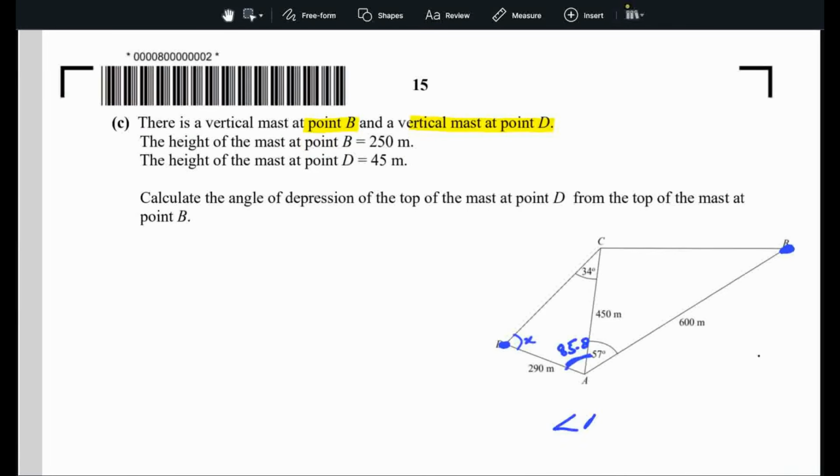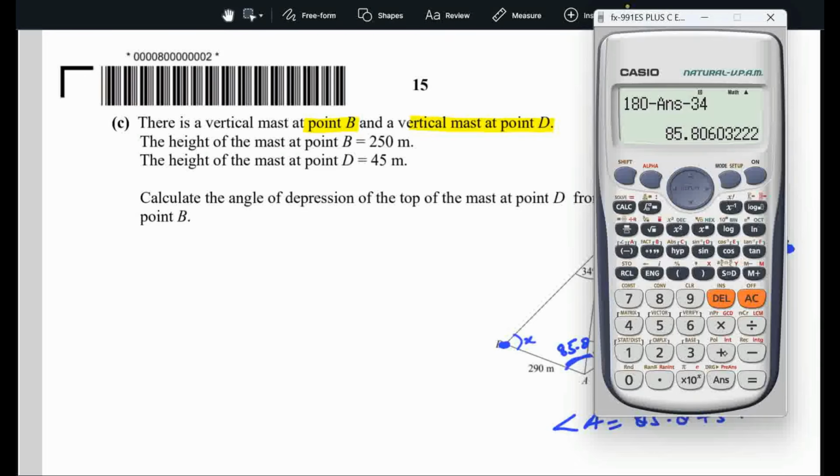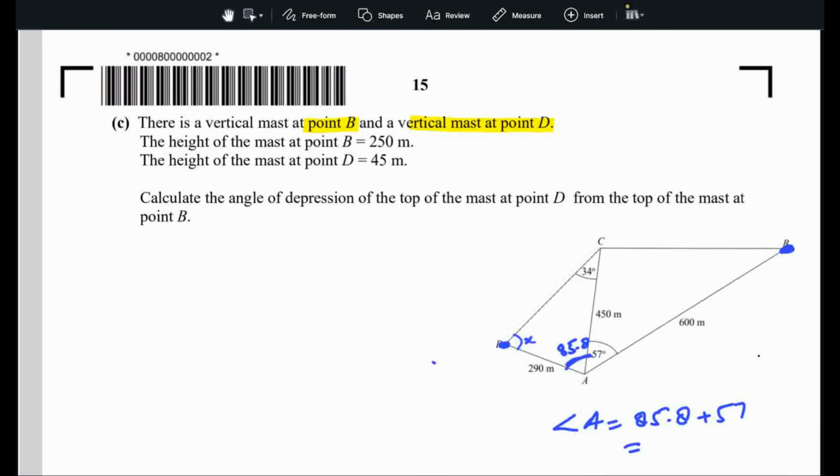So angle A will be equal to 85.8 plus 57, which equals 142.8. So this one is BD, okay?